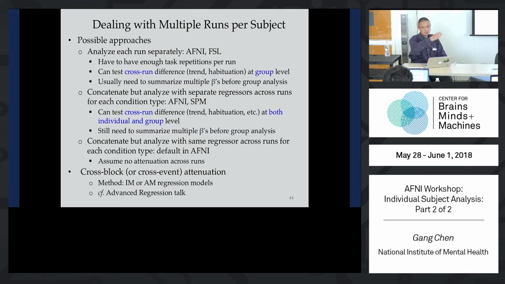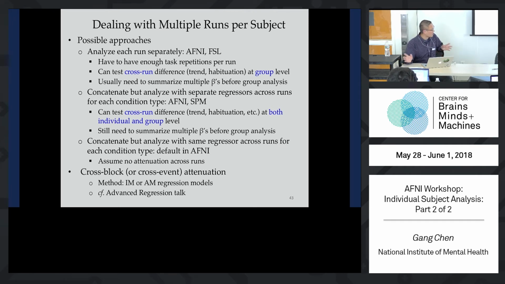That's because for each run we assume a different baseline and a different slow drift. So as long as you tell AFNI you have multiple runs, where those discontinuities occur, the program automatically models the data with different baselines and different slow drifts. So in the end, for each condition or each task you have just one beta, assuming that you just use the standard curve with multiple basis functions.